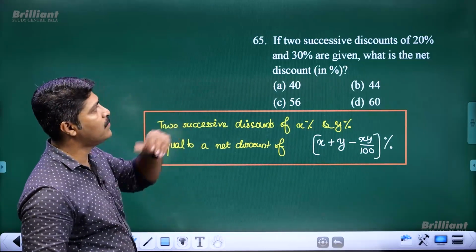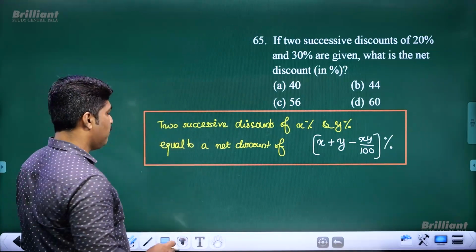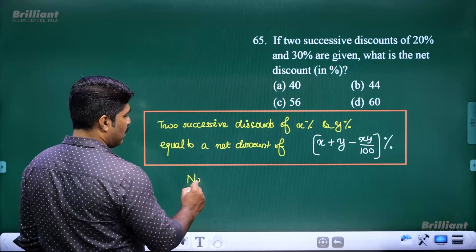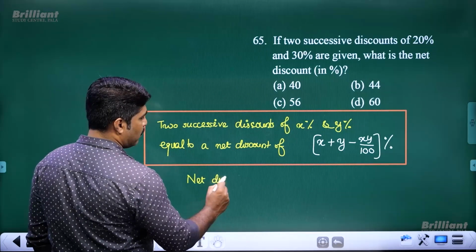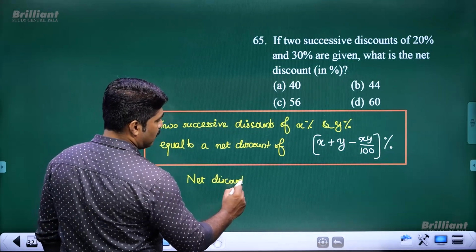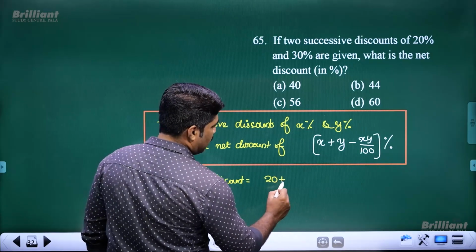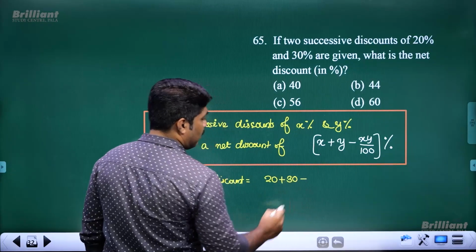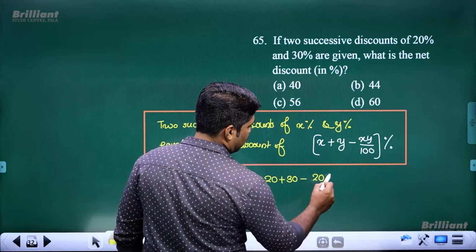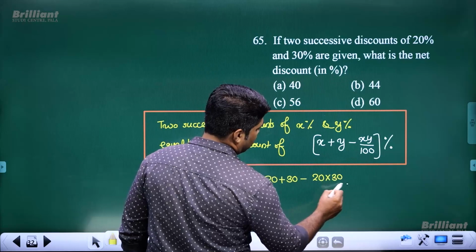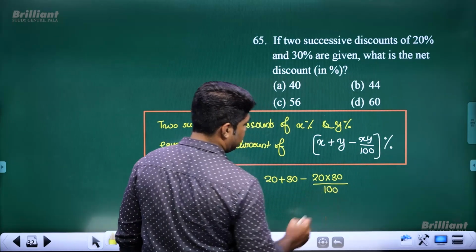Here we have the values 20% and 30%. So therefore the net discount is equal to 20 plus 30 minus 20 into 30 by 100.